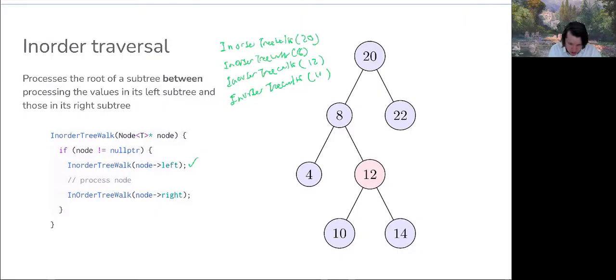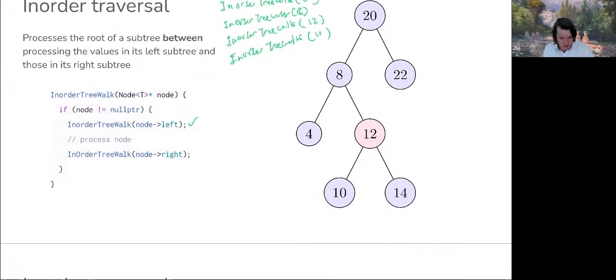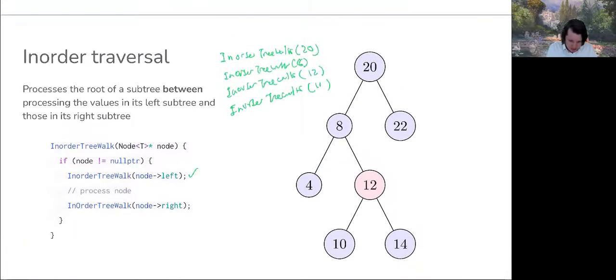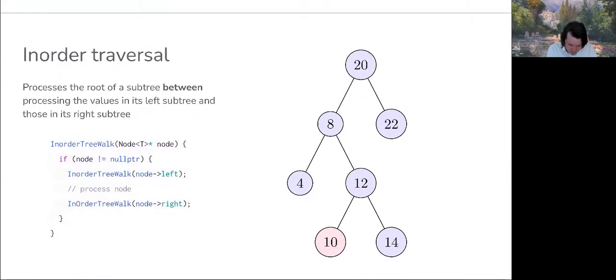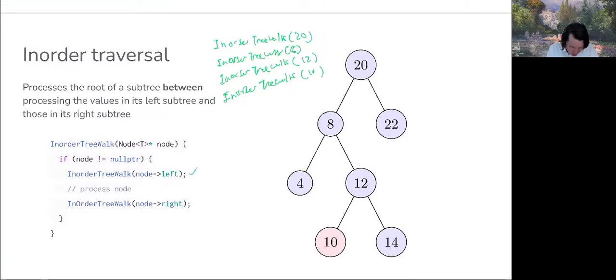Okay, so now we're going to go ahead and visit the node with 10. So let me copy that and continue on this walk. What's the first thing we're going to do here? We're not at the null pointer, so we're in here. We need to walk to the left. And that's going to be the null pointer, so nothing's going to happen.